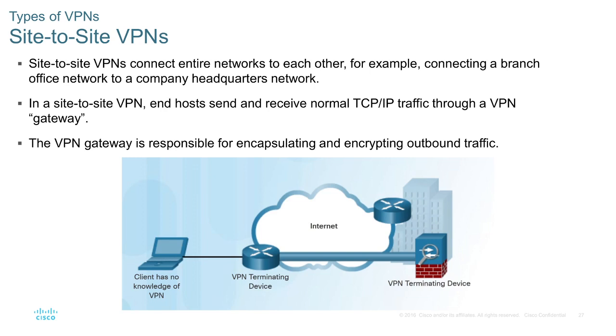Then with VPNs, we can have two main types of VPNs. One is called a site-to-site VPN. So a site-to-site VPN is, we will have a router, what is called a VPN terminating device. This router is always connected through a VPN channel or VPN tunnel to the VPN terminating device at the office.